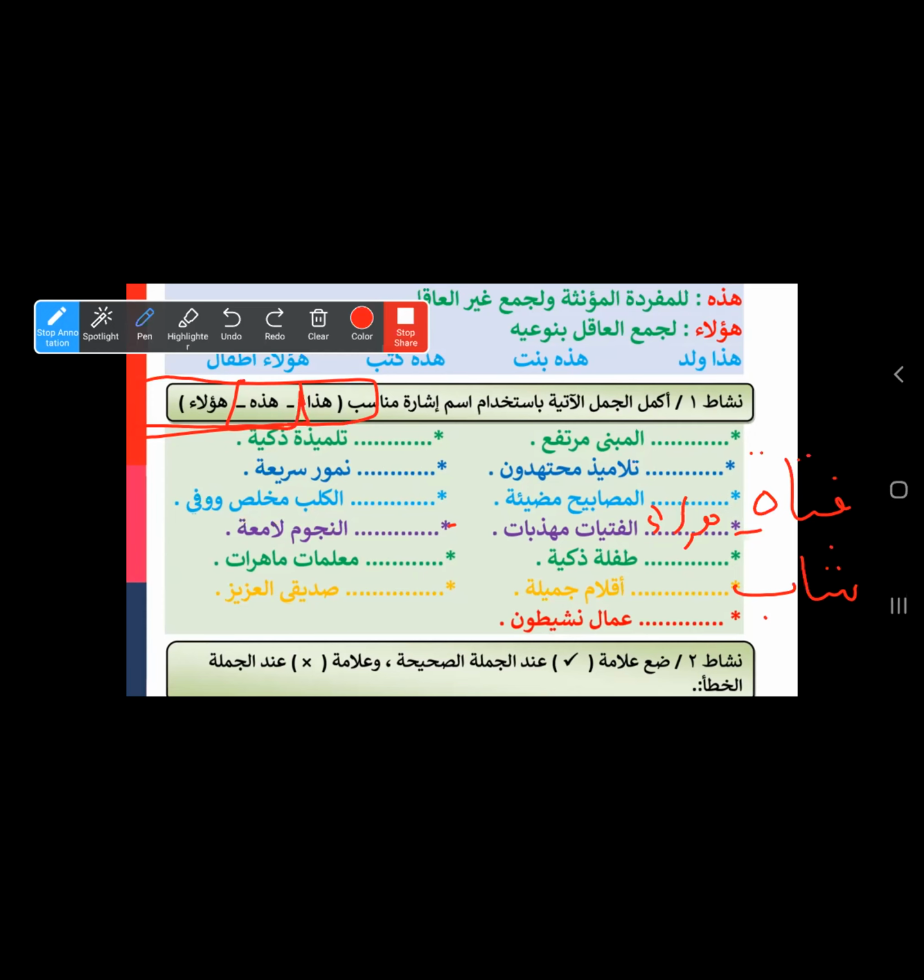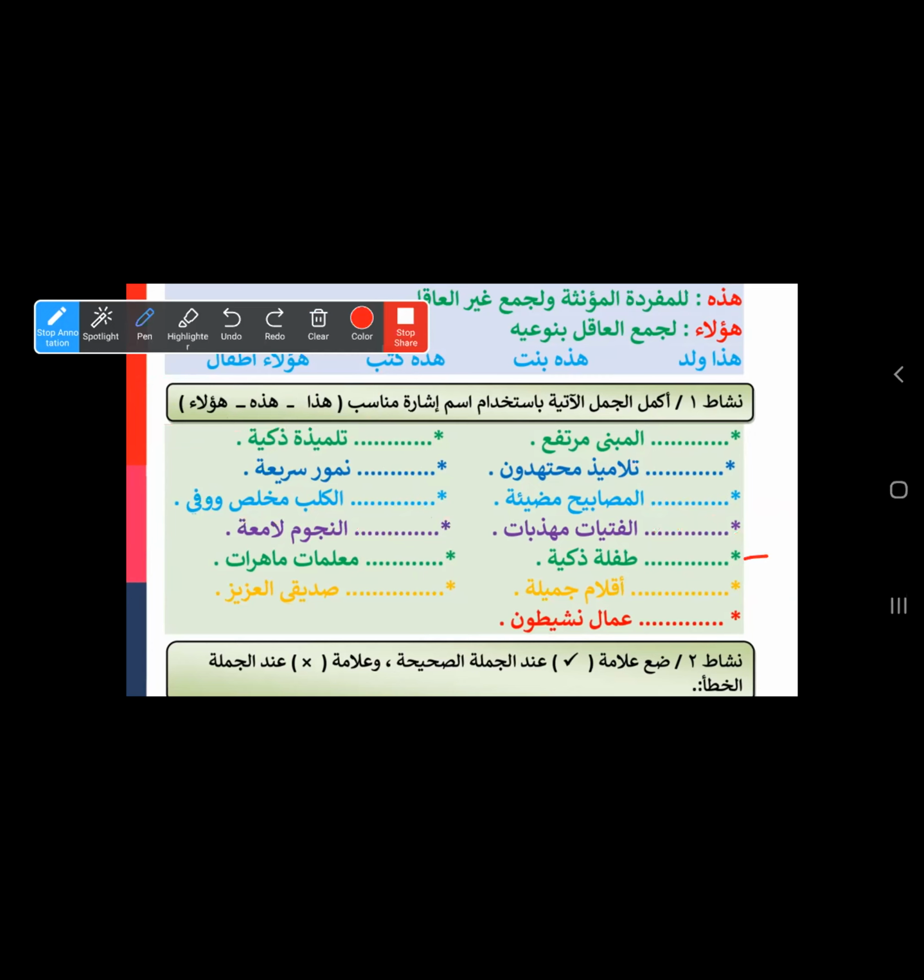So it'll be هذه. هذه. أحسنت. هذه النجوم لامعة. The stars are shining. So one star will be نجمة. Okay. هذه النجوم لامعة. تمام. What is the meaning of لامعة? Bright. لامعة is something bright. أحسنتي. طيب. نعم. أختي صالحة.